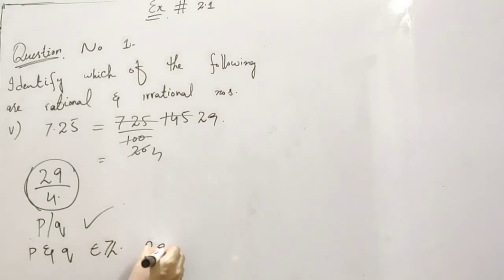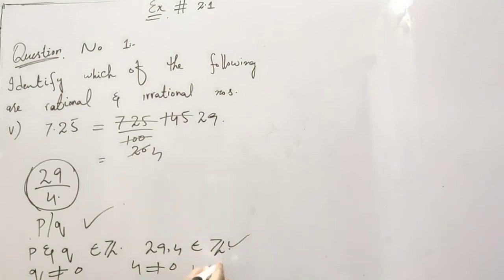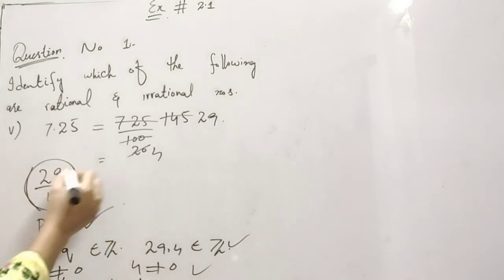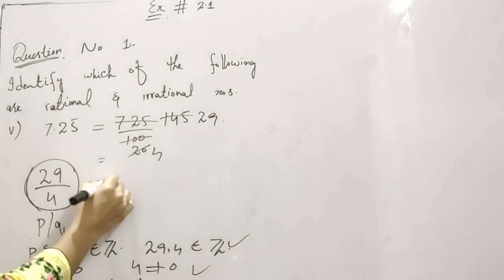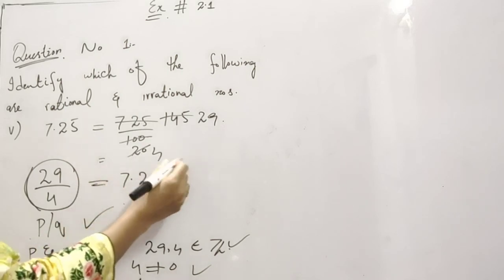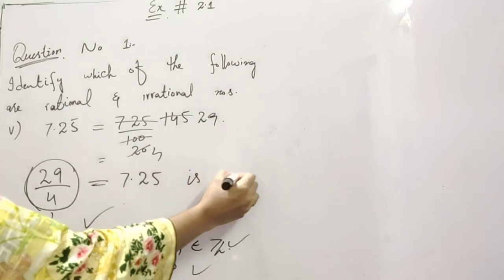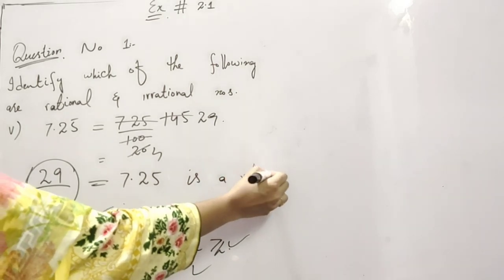So 29 and 4 belong to the set of integers, and q is not equal to 0. q is equal to 4 and 4 is not equal to 0. Condition is true, and the GCD of 29 and 4 is equal to 1. It means that 29 and 4 are relatively prime, so we can say that 29 over 4 or 7.25 is a rational number.